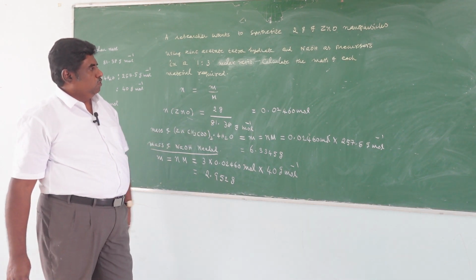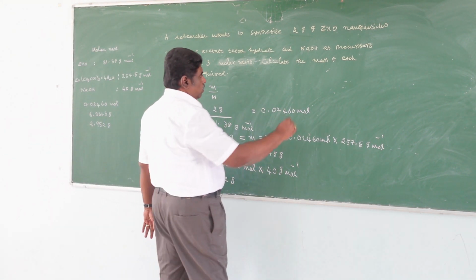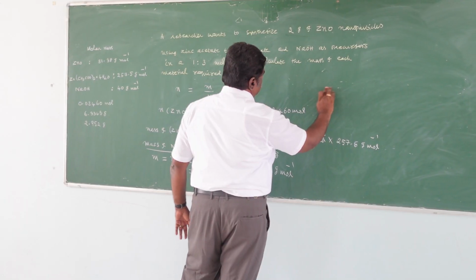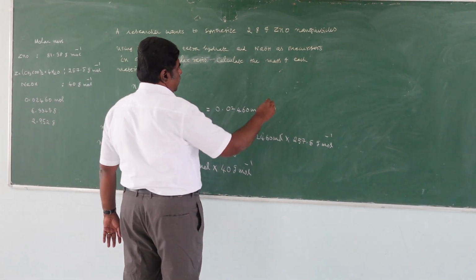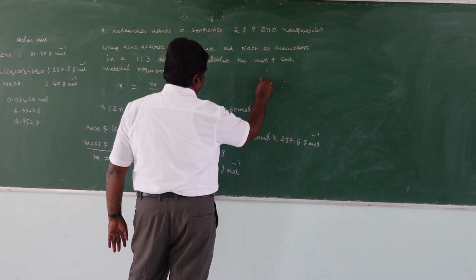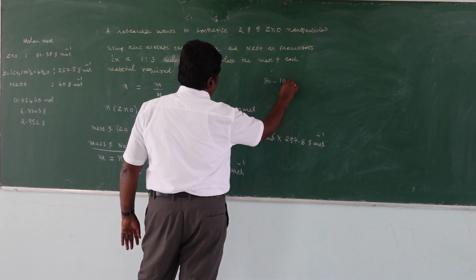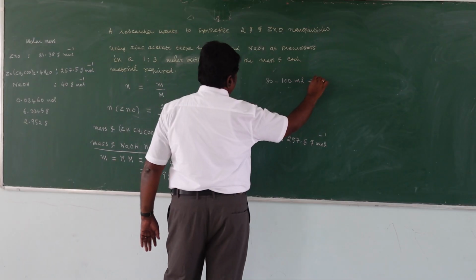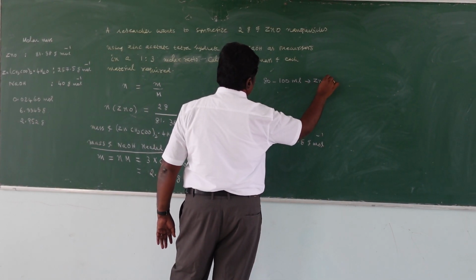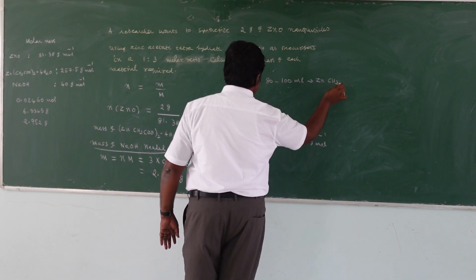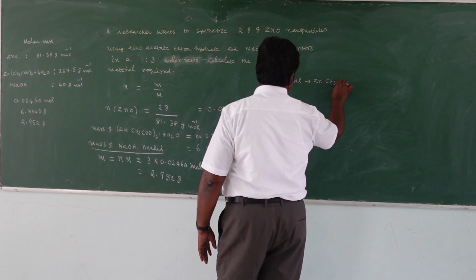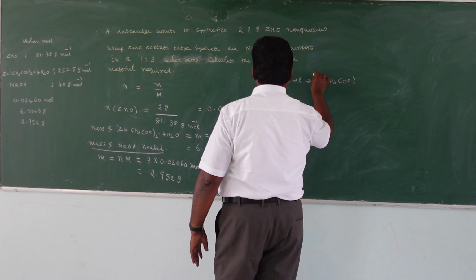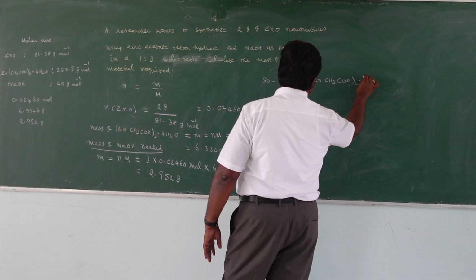To prepare these two, we have to use different volumes of solvent. So we may use 80 to 100 ml of deionized water for zinc acetate tetrahydrate.